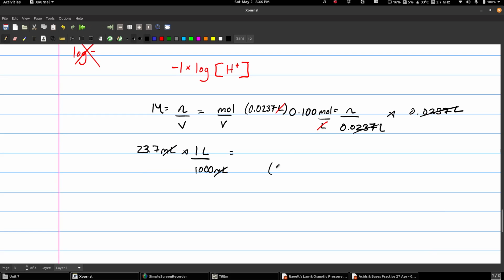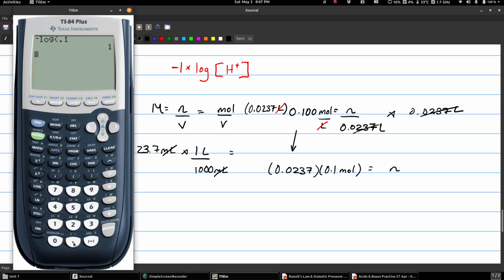So 0.0237, and then that's times 0.1 mole is equal to N. So that would be like 0.00237 moles.